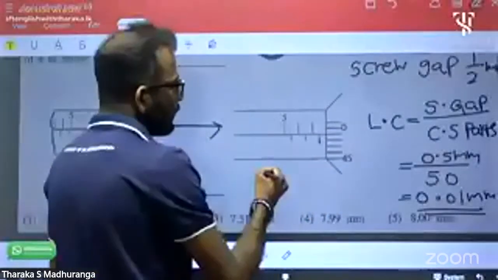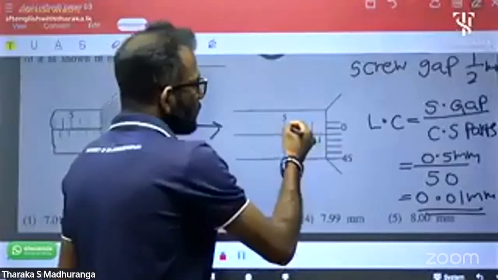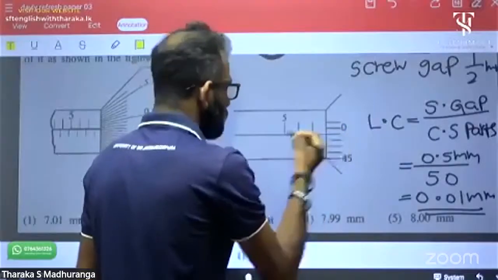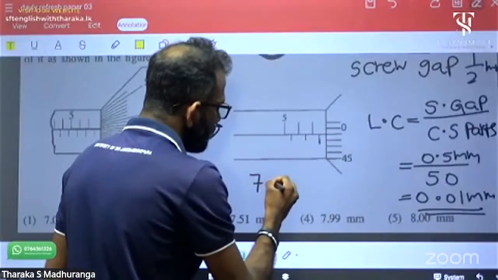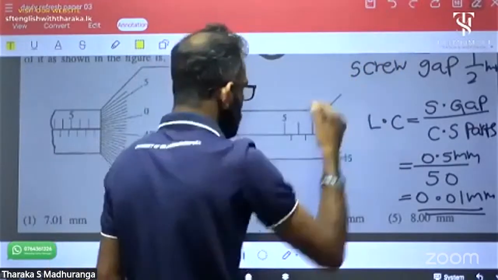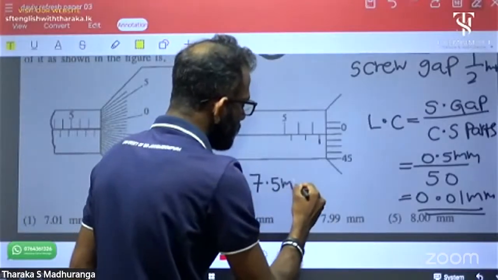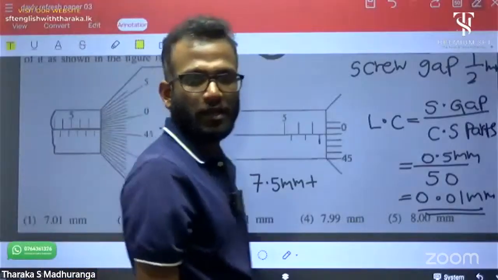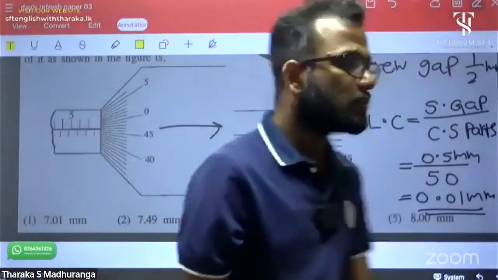What's the value? 5, 5.5, 6, 6.5, 7, 7.5 is the linear scale final value, 7.5 millimeter, plus what's the value?